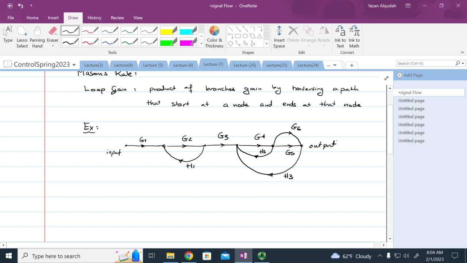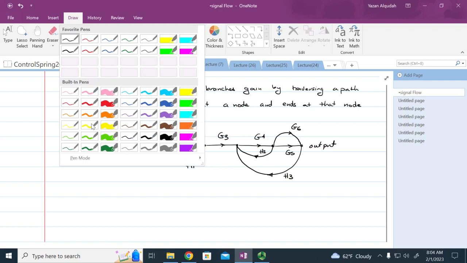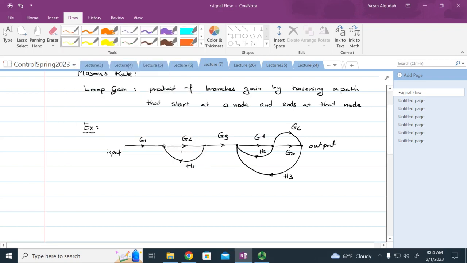What are the loops that exist in this signal flow? Well, we have this loop, G2. If we start here, we go through G2 and go back to the same point, so the loop gain is G2 multiplied by H1.